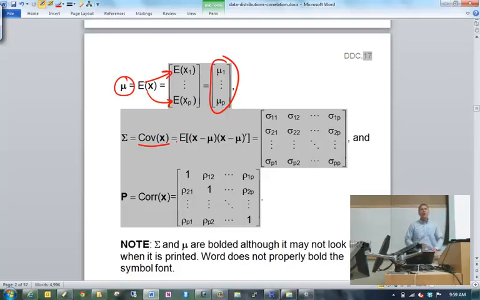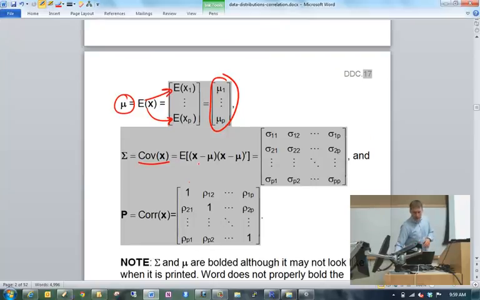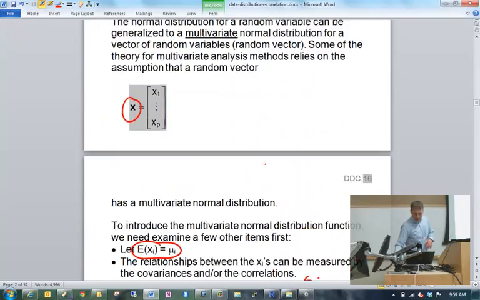Suppose now I want the covariance of a random vector x. In case I didn't say this before, I apologize. This vector has random variables in it, so it's called a random vector.